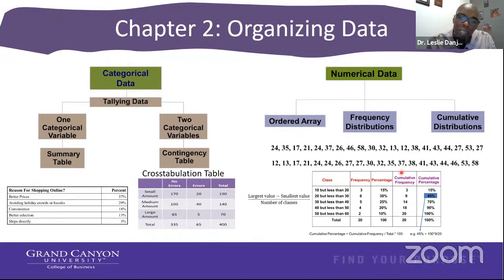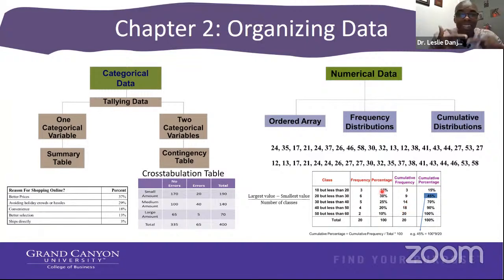How do you find your cumulative frequency? Cumulative means you're adding up your frequencies. Look at this frequency. Is there any number above 3? Nah, man. So then put down 3. Is there any number above 6? Yep. So all you're doing is 3 plus 6 gives you 9. And then you go on to the next one and the next one and the next one.